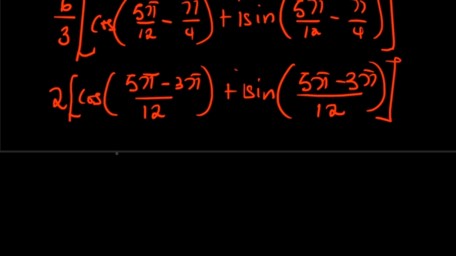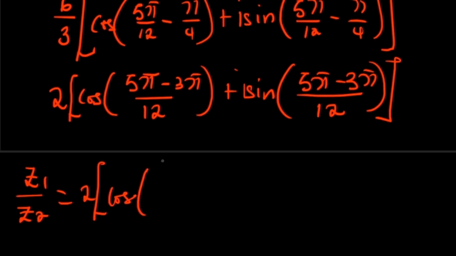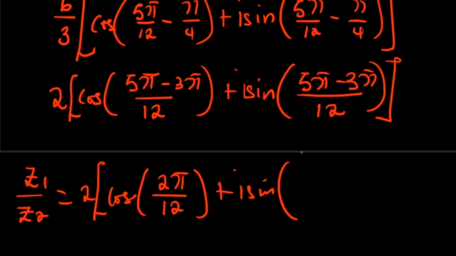Now we say Z1 over Z2 is equal to, we can now simplify. Here we have 2, then multiply by cos. We open our bracket. Let's simplify this. So 5 pi minus 3 pi is 2 pi, and this is over 12. We can close it. We say plus I sine. Here we have the same thing to be 2 pi over 12.